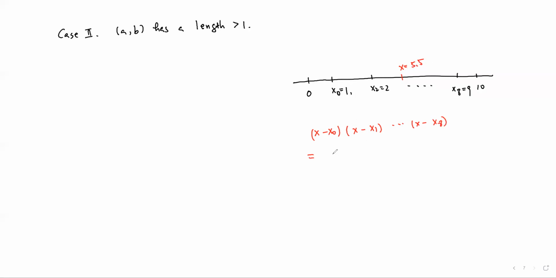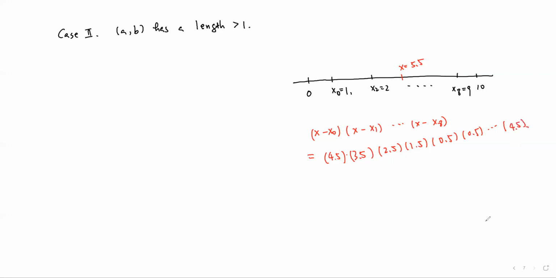5.5 minus 1 is 4.5, times 3.5, 2.5, 1.5, then 0.5, and times 0.5, and so on. The last factor is 9 minus 5.5, 4.5.